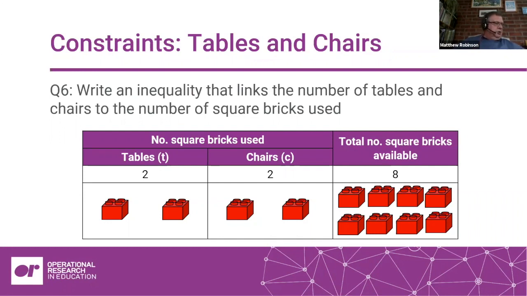So remember, the constraint is saying we have a limited number of materials which we could use to build either tables or chairs. And what we need to be thinking about is how can we express that constraint, in other words, the total number of bricks available and the number of tables and chairs that we could build.